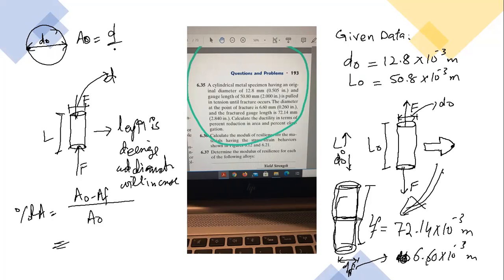Power 2 for all of them, put brackets, power 2, multiply by pi. So it comes out to be pi by 4 d squared. So A naught is pi by 4 d naught squared. Okay, let me go to the other page.